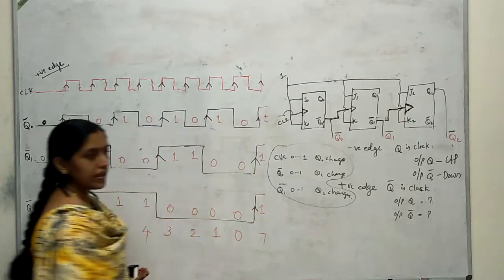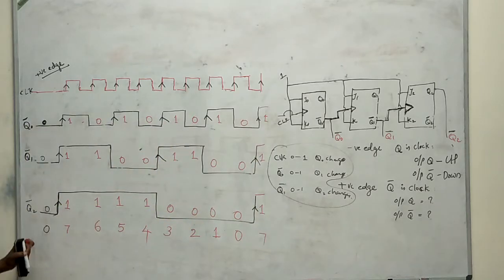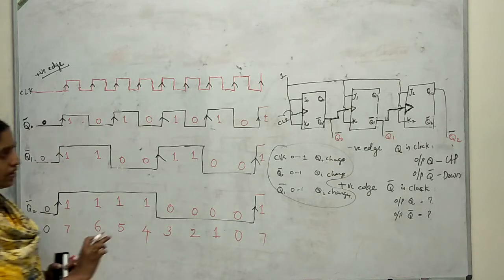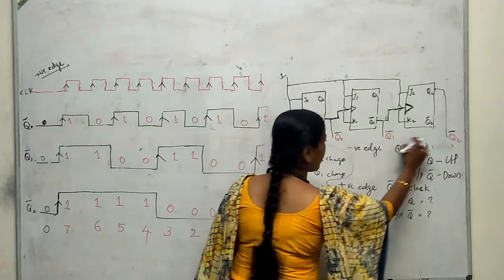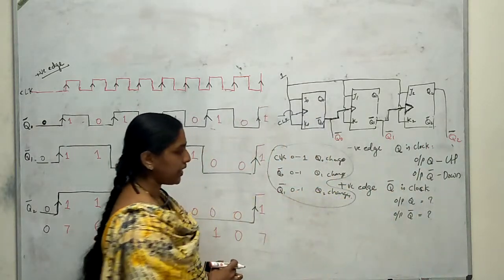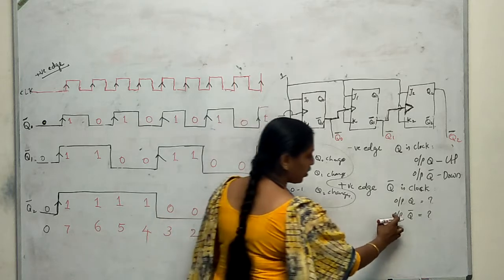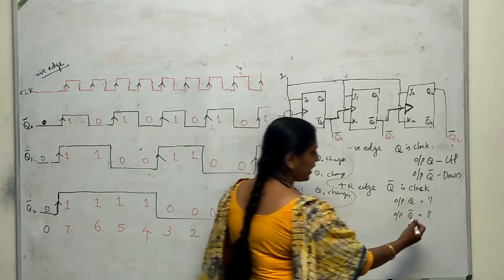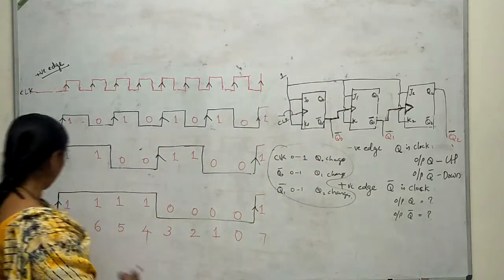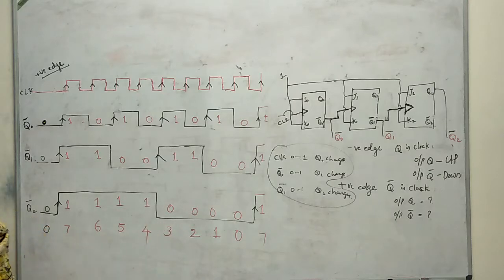This is 7. What you can conclude from here is that if you take the complemented outputs Q0 bar, Q1 bar, Q2 bar, it will work as a down counter.